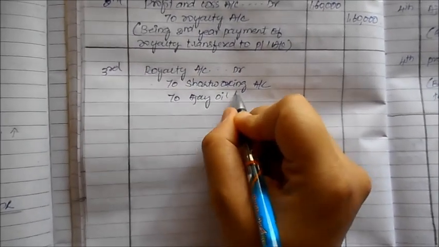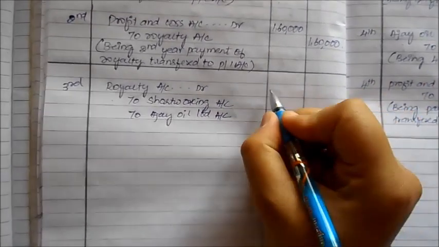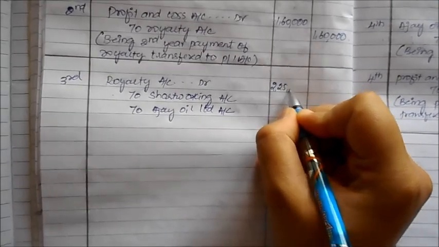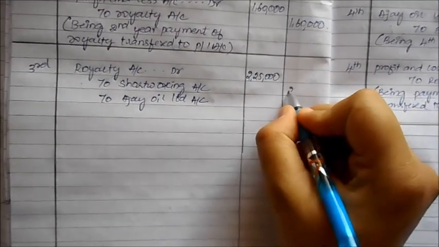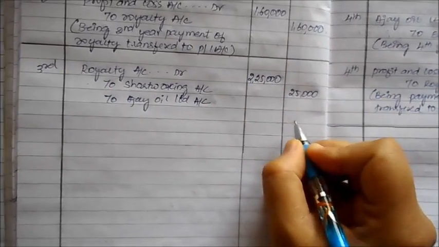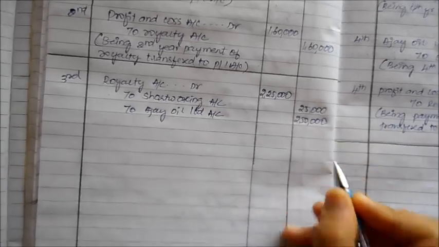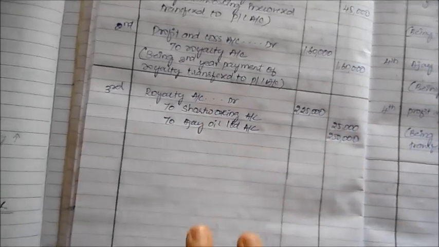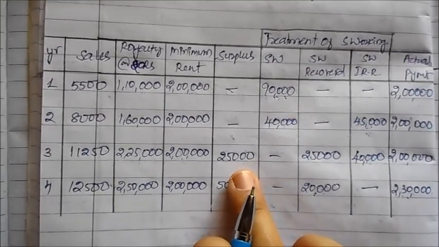Ajay Oil Limited account. Okay, now in this, how much amount of royalty is actually paid? 2,25,000. How much amount of short working have we recovered? 25,000. Out of the total amount that I had to pay was 2,50,000. 25,000 of short working I have recovered.